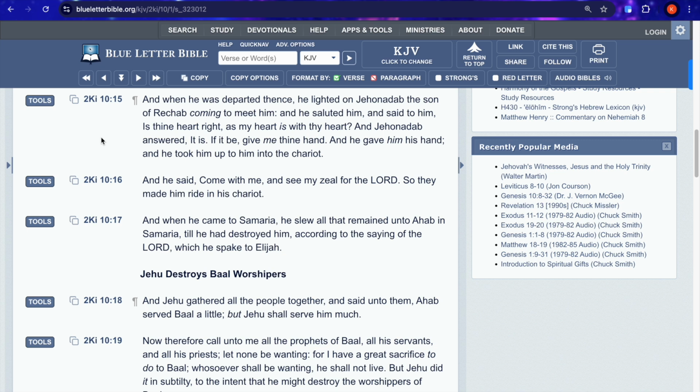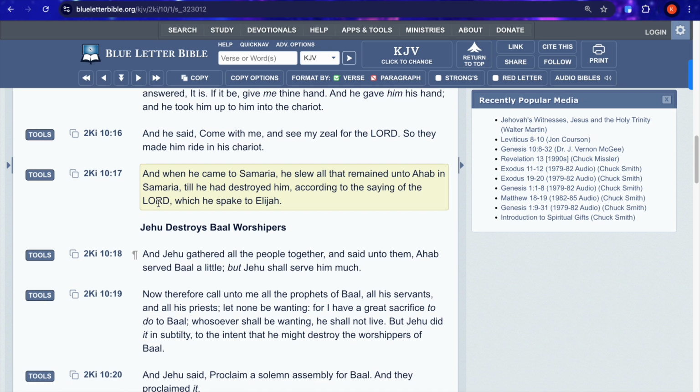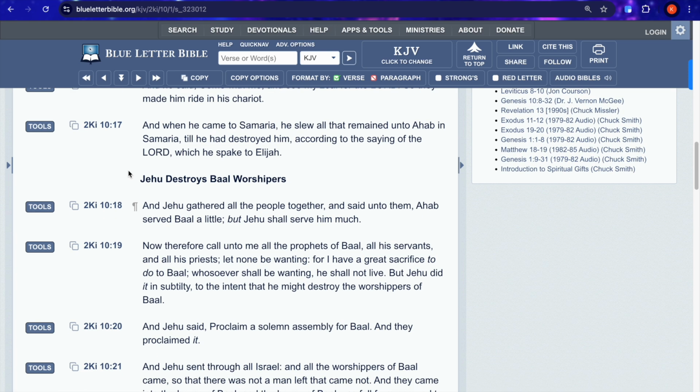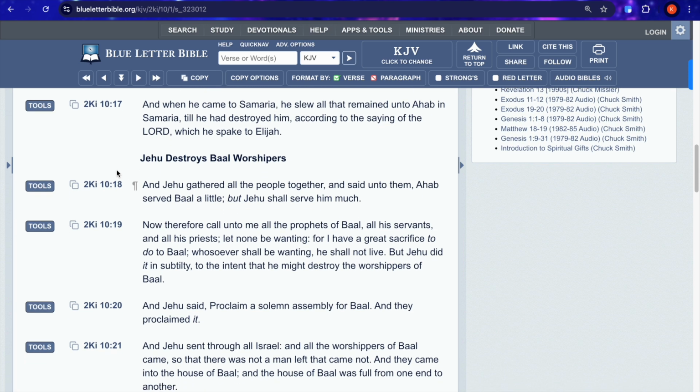So Jehu is doing all this to fulfill the word of the Lord that came against Ahab. And remember, this was also what the prophet mentioned when he anointed Jehu. "And when he came to Samaria, he slew all that remained unto Ahab in Samaria."